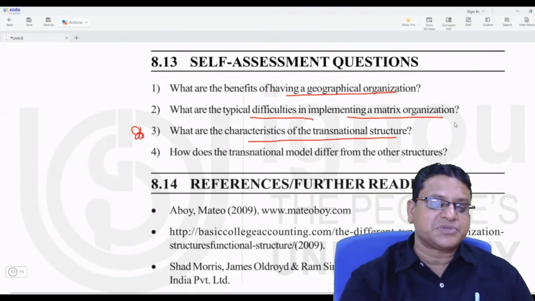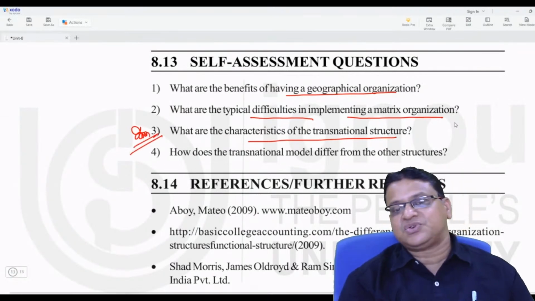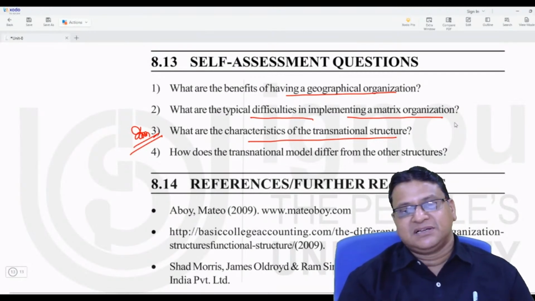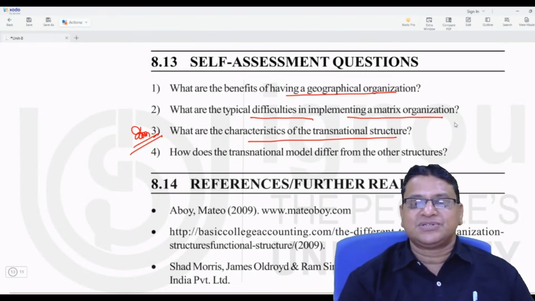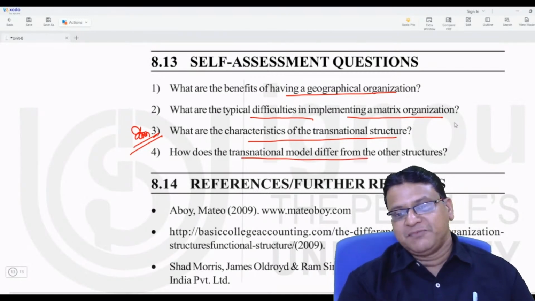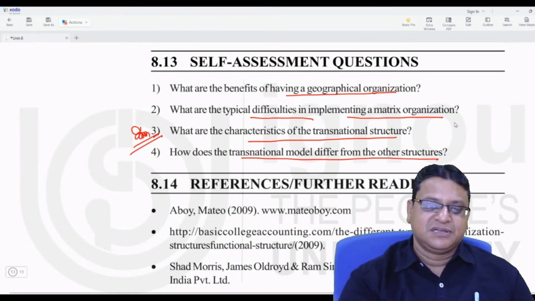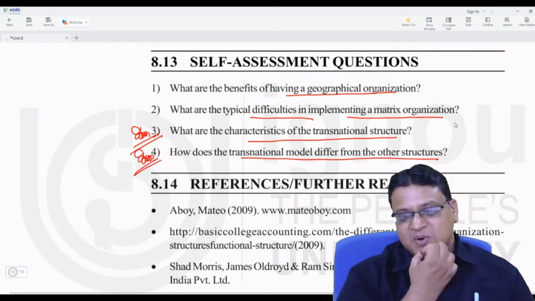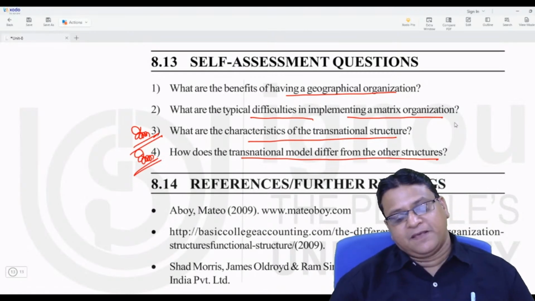It is the most important question. Transnational structure is practically used. What are its features? It's a mixture of all other organizational structures. What are its merits and demerits? You have to discuss. How does the transnational model differ from other structures? So this is regarding different types of organizational structure.